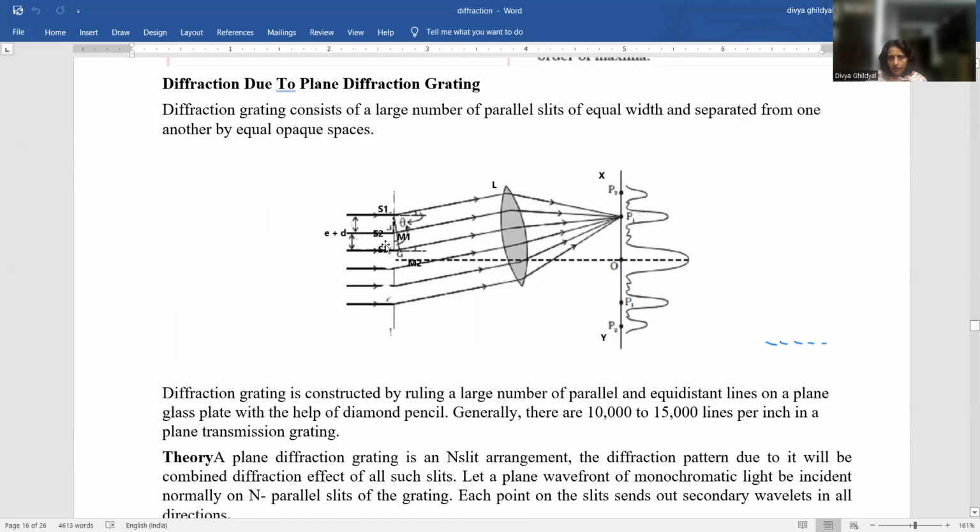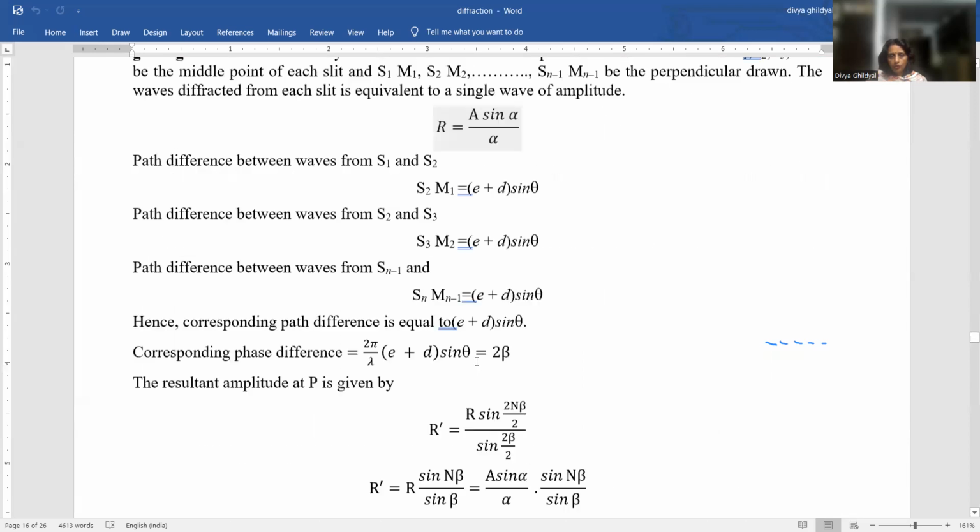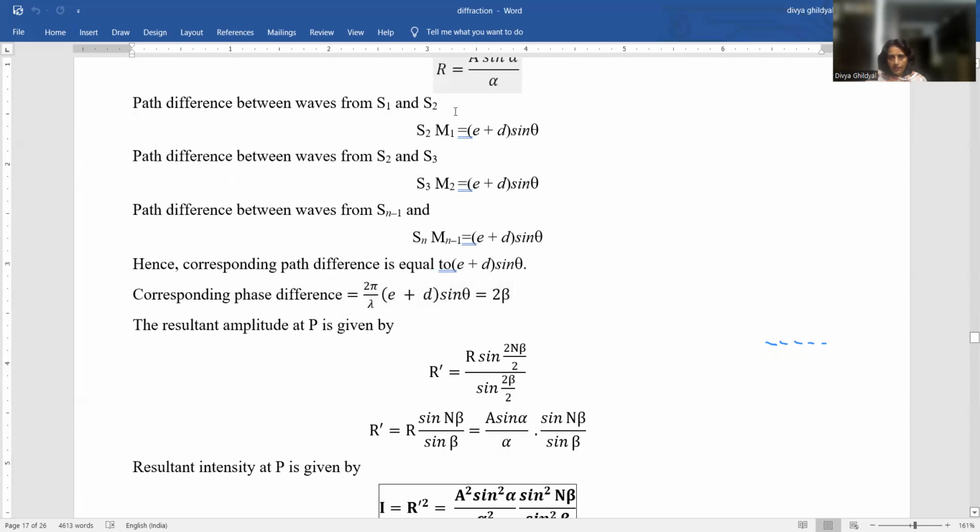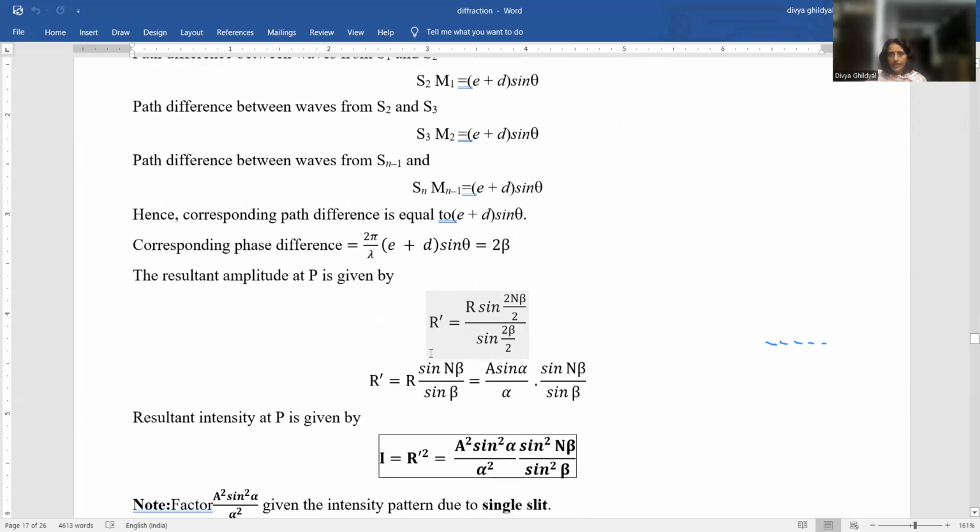This is the path difference. Taking the resultant of these path differences, the phase difference comes out equal to 2 pi by lambda into (e plus d) sine theta, which we denote as beta, a constant expression.